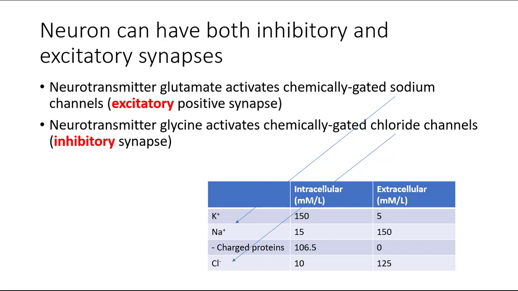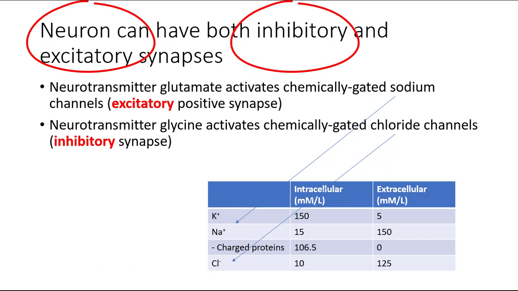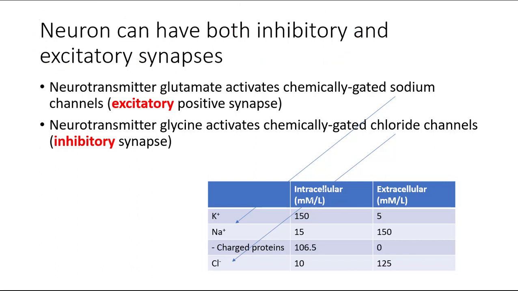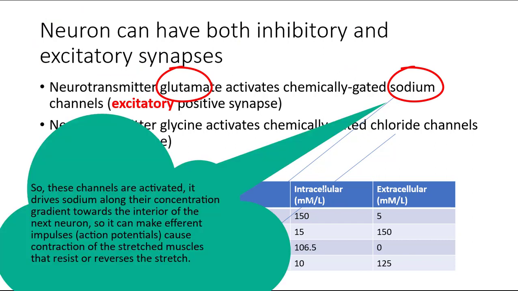A neuron can have both inhibitory and excitatory synapses. The neurotransmitter glutamate activates a chemically gated sodium channel, an excitatory synapse. When these channels are activated, it drives sodium along its concentration gradient toward the interior of the next neuron. So it can make an afferent impulse, an action potential, that causes contraction of the stretched muscle that resists or reverses the stretch.